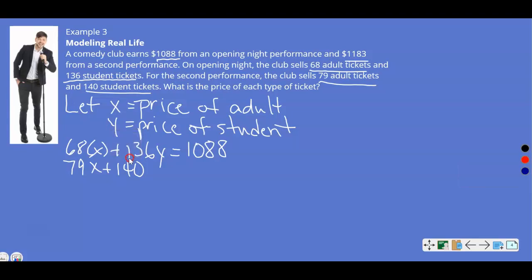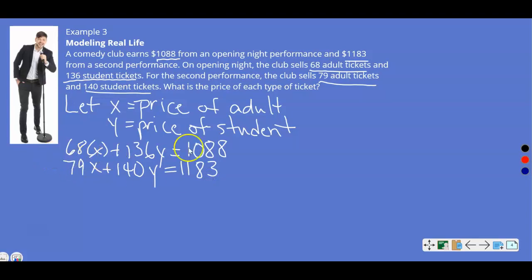So 79 times x, the price of an adult ticket, plus 140 student tickets, so I'm going to multiply that by y. And this is from the second performance. So it says $1,183 from a second performance, so we know the 1,183 goes with the second equation.